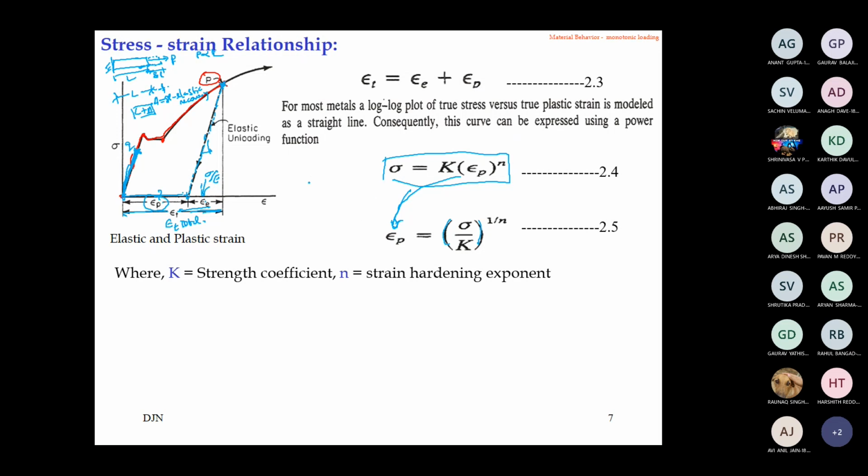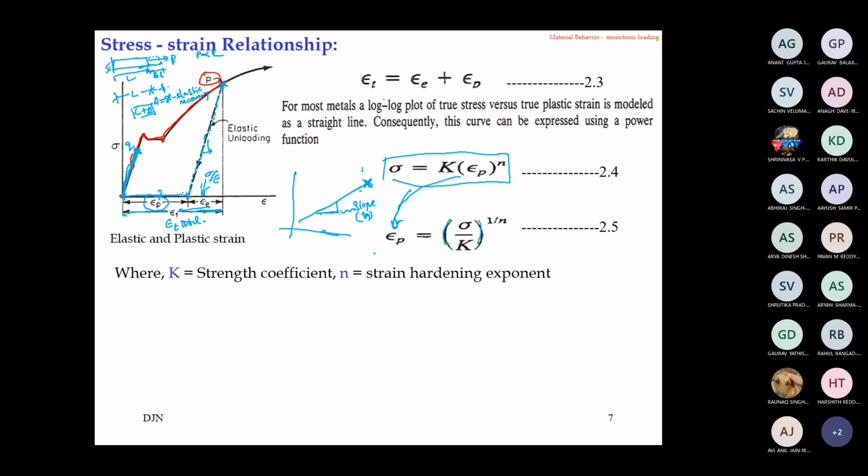So similar to any graph or curve, if you have a curve like this, the slope of this curve is nothing but n, the strain hardening exponent. Whereas the strength coefficient, the maximum strength, is usually the true fracture strength.